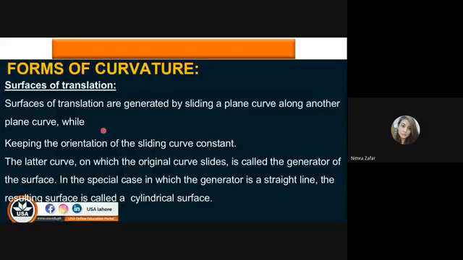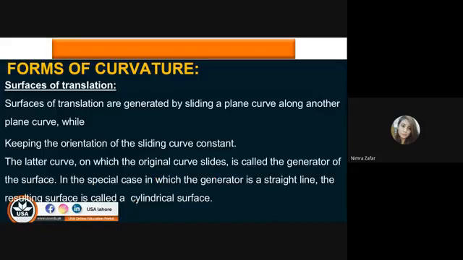Okay, what happens in translation? One plane curve slides against another curve, but the orientation remains constant. The curve along which the original curve slides is known as the generator of the surface, which is basically generating a translation.